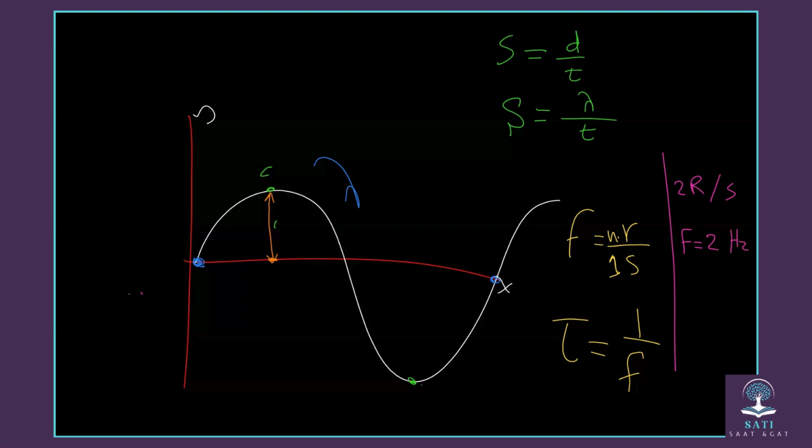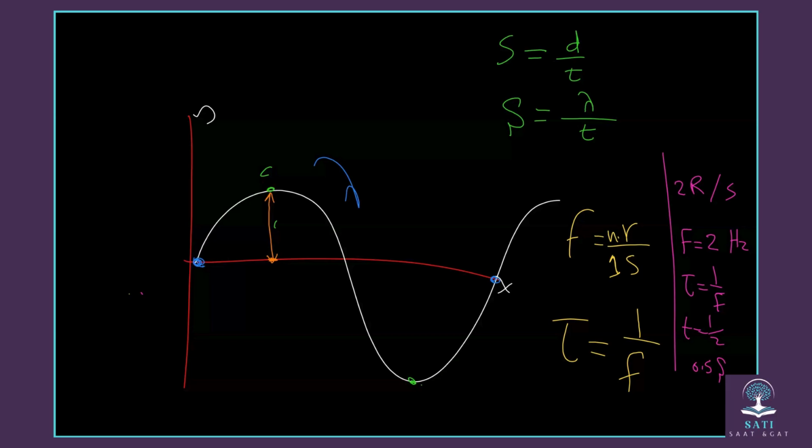Now, what is the time? The time means how much time one rotation takes. And time, as we know, is the inverse of the frequency. So 1 over f. So the time now is going to be 1 over 2, which is what? Half. What does the half mean now? It means half a second. So one rotation will take half a second.